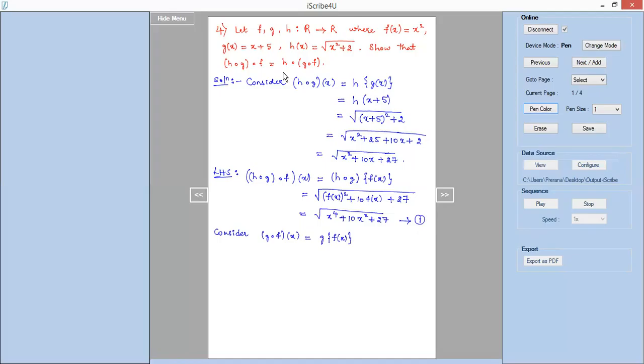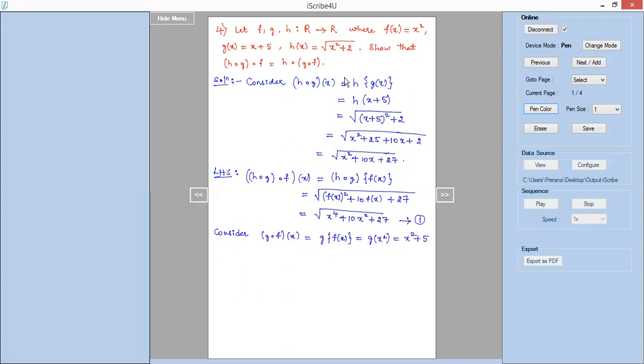So this can be written as g of x squared, because f of x is x squared. And since g of x is nothing but x plus 5, g of x square can be written as x square plus 5. So this is g composition f of x for us.